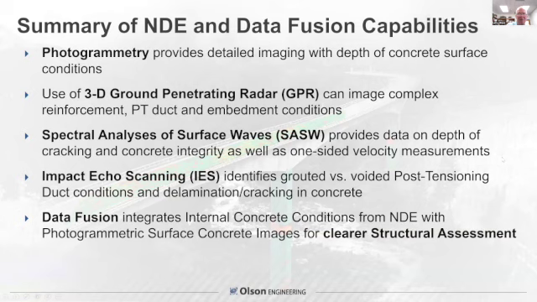Stronger, faster velocities are stronger concrete, higher modulus concrete. Impact echo scanning found grouted versus voided post-tensioning ducts, as well as delamination and cracking damage in the concrete. And we integrated it all for the project with data fusion of the various results to help provide a more clear, easier structural assessment of existing conditions and areas in need of repair.